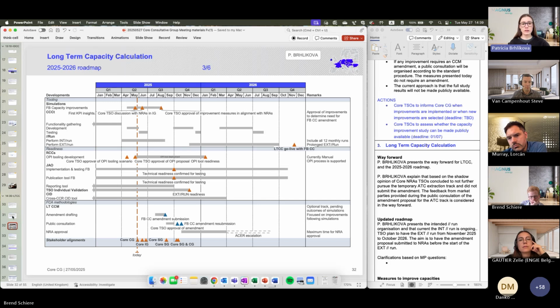This is also connecting to the LTFBA project, so the allocation side of things. And I would say one very important aspect is the planning for a potential amendment of the long-term capacity calculation methodology, which is expected to run somewhat in parallel with the external parallel run, but we want to make sure that it is already submitted to regulators before we start the parallel run.